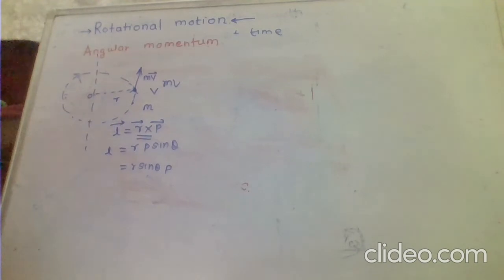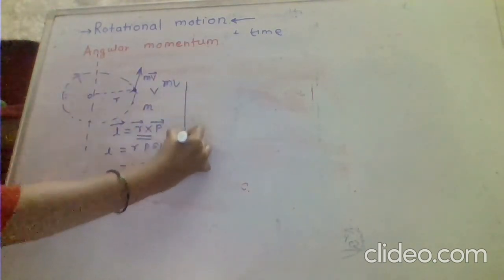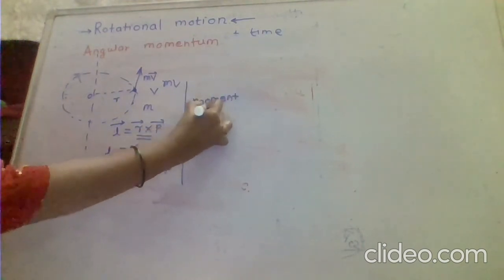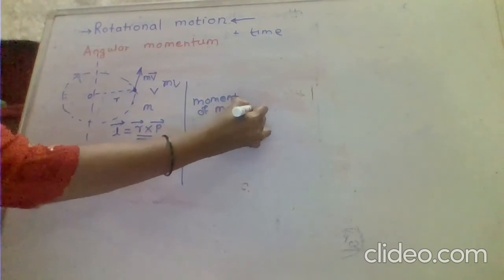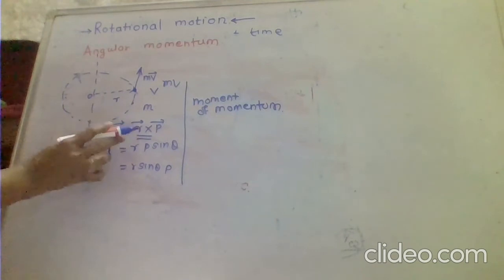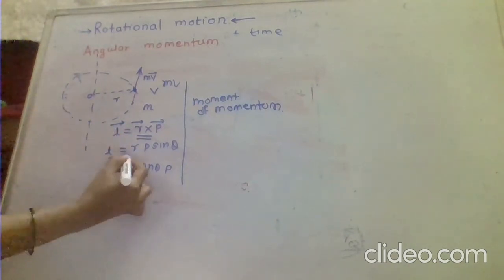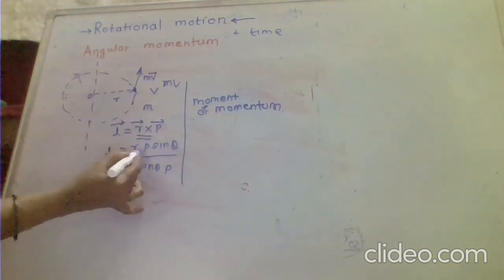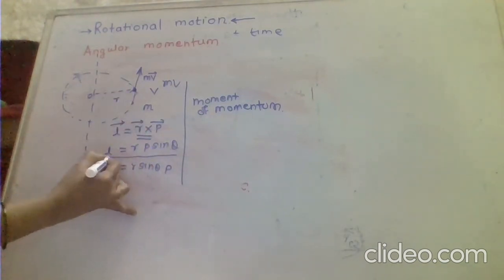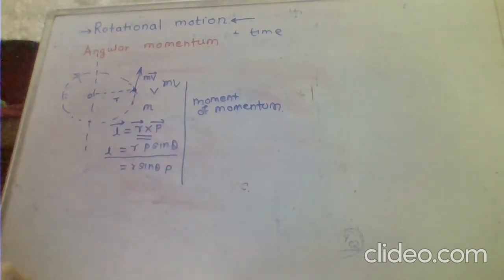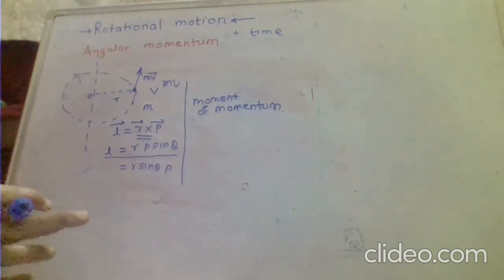So angular momentum is also defined as moment of momentum. The angular momentum L is R cross P, or R P sine theta, where theta is the angle between R and P, and it is also called moment of momentum.